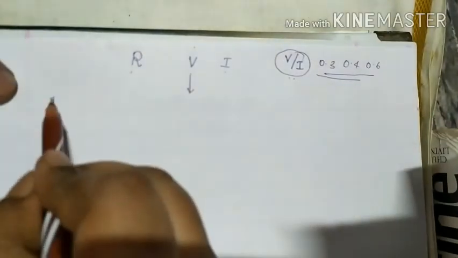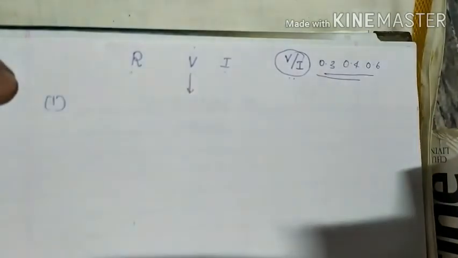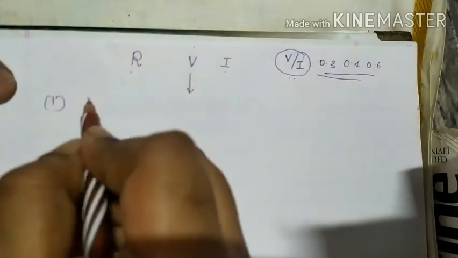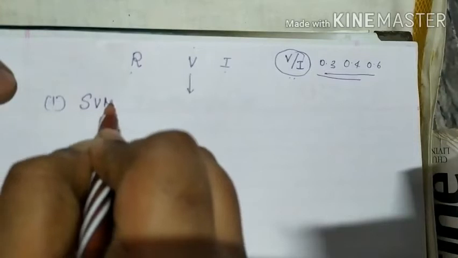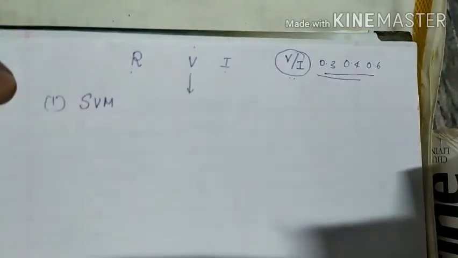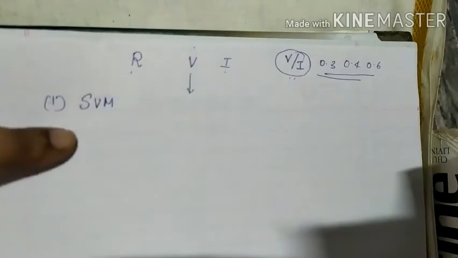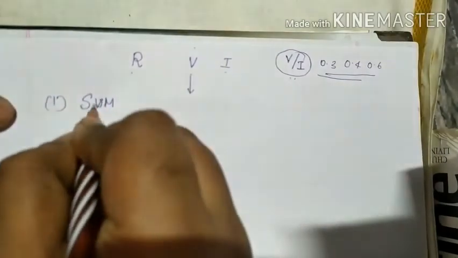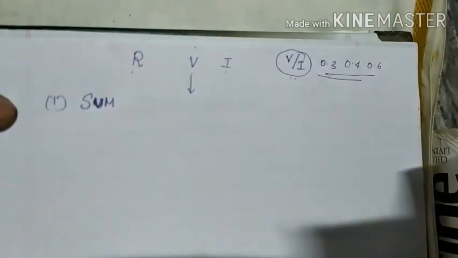So first we are going to deal with sum. Sum and difference come in one column in the textbook, but I want to make it four sections. So first we are going with sum. Sum means addition.